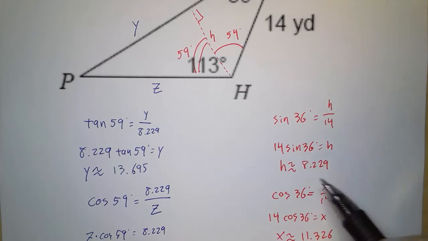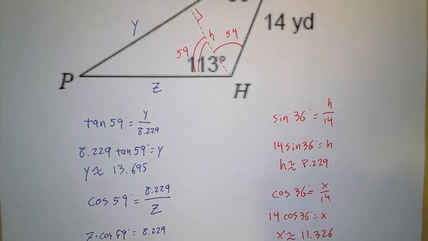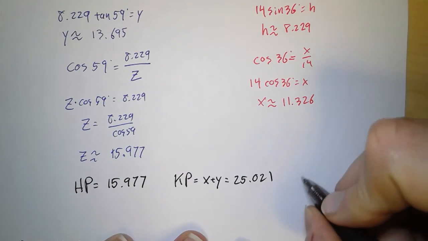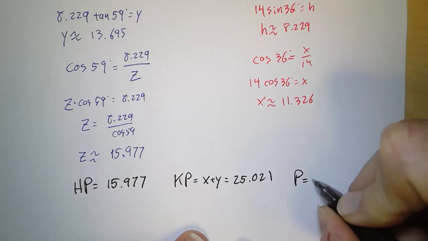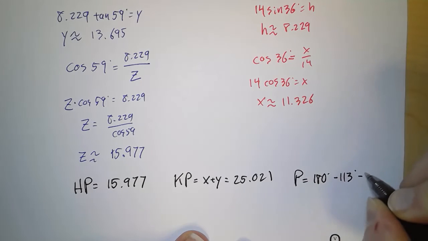So if I take x, which is 11.326, and add y, that's 13.695, we get 25.021. There we go. And then finally, angle P is what we get when we subtract 180 minus 113 minus 36.